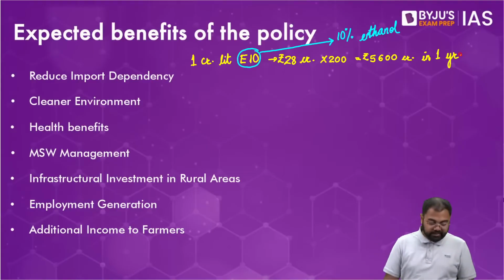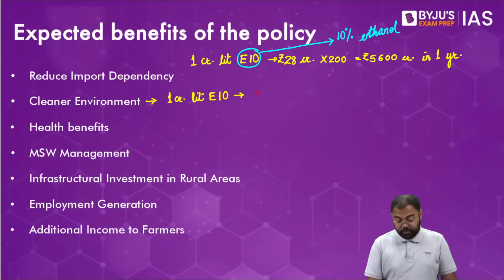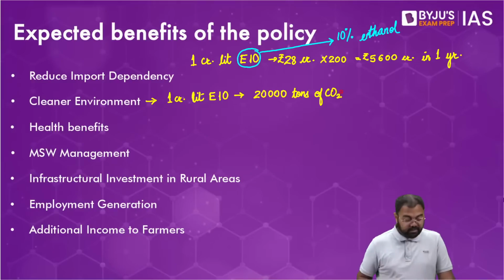Then apart from that, it obviously can lead to a cleaner environment as well. For example, again, if we take the same 1 crore liters of E10, it can save around 20,000 tons of carbon dioxide, which is a big amount.